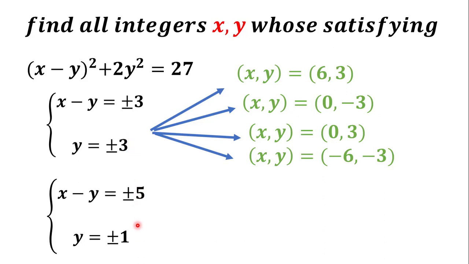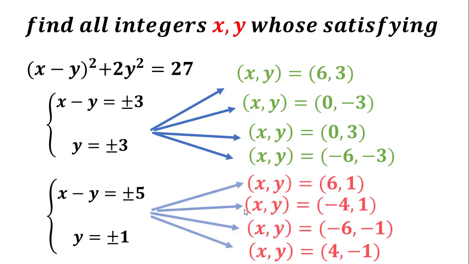The other system also gives us 4 systems of equations, and we're going to get 4 pairs of numbers. (x, y) equals (6, 1), (-4, 1), (-6, -1), and (4, -1). Finally, we can say this equation has 8 answers.